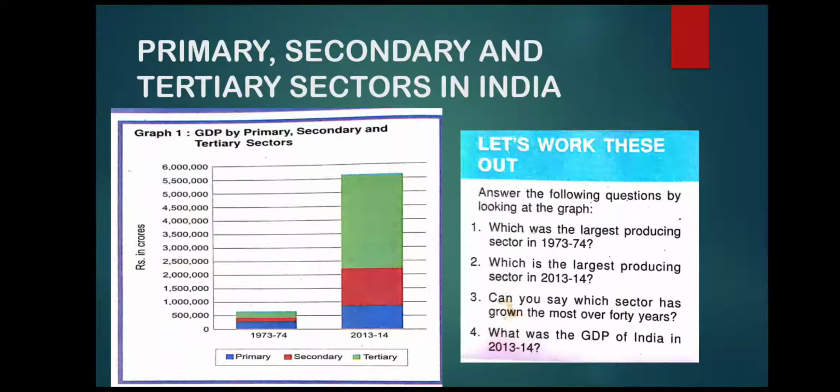Now, the last question is, what was the GDP of India in 2013-14? So over here we can see that the GDP of India is a little bit more than 55 lakh crore.